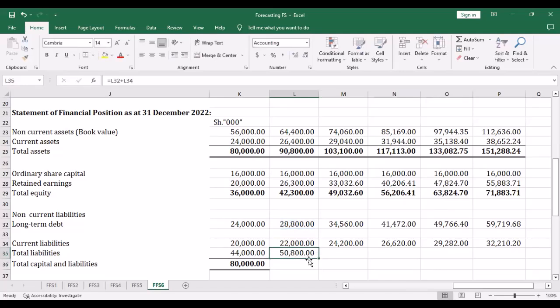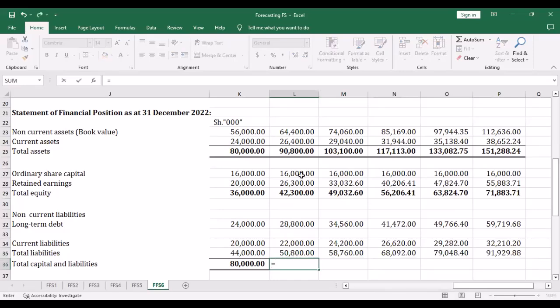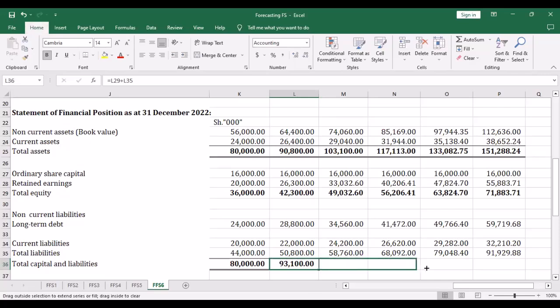Then you drag. Then I will find the total. So equal, it is total equity plus total liabilities, isn't it? Control Enter, Control Bold, Alt HBU. Then you drag.